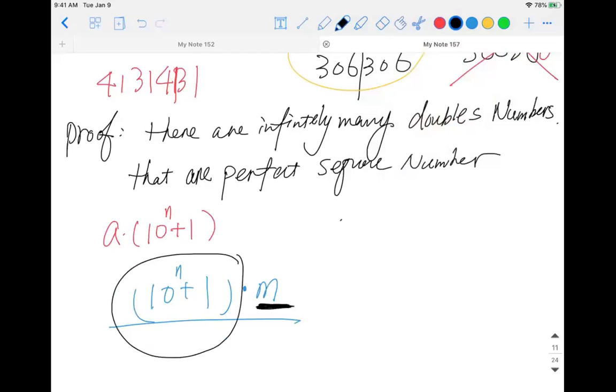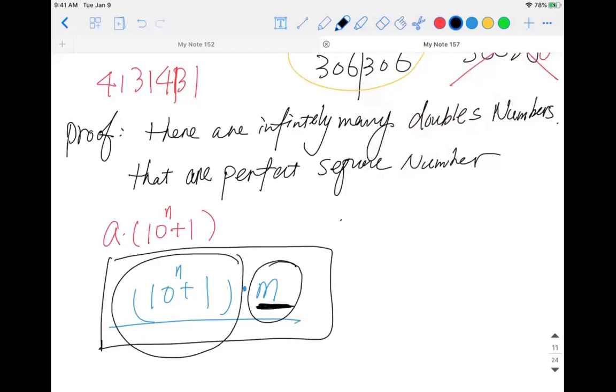That is fantastic. But let's step back one more step. Whenever I write this, for any kind of double number, I'm not talking about a perfect square number or not a perfect square number. All the double numbers can be written in such a form. Who can tell me, is there any constraint for m? M can be whatever it likes to be.